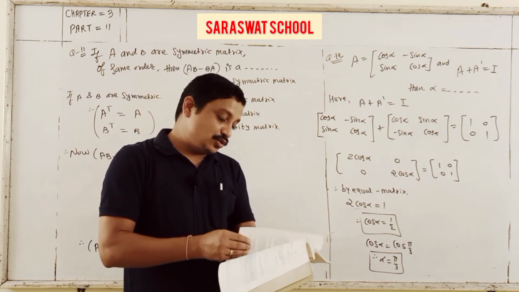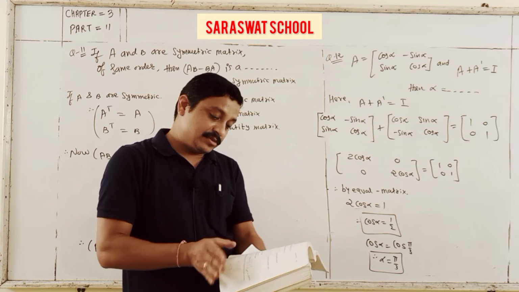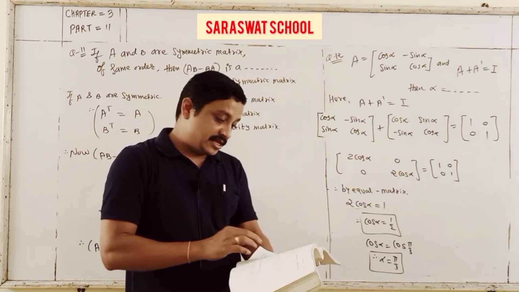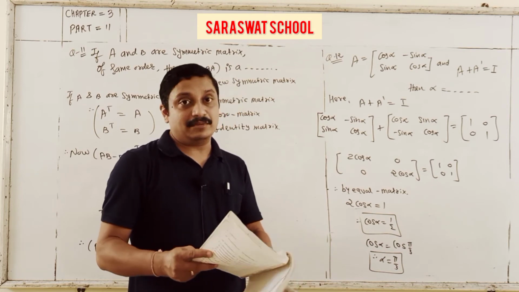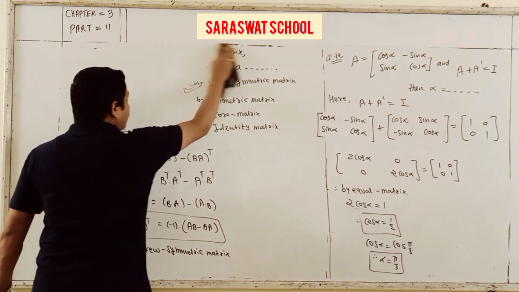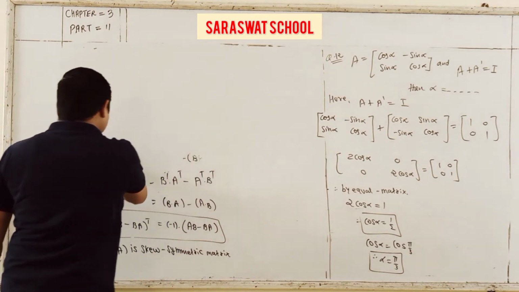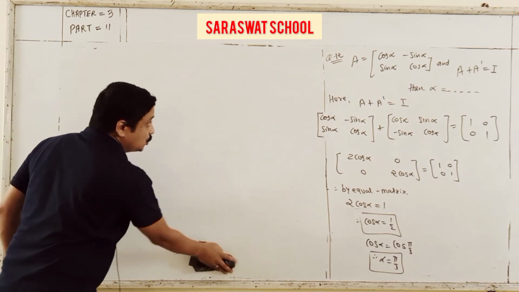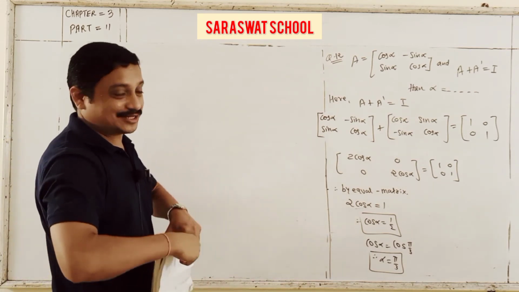Now I will go to one last example that is remaining. Example number 22. Given matrices, you represent as a sum of symmetric matrix and skew symmetric matrix, according to question number 10.